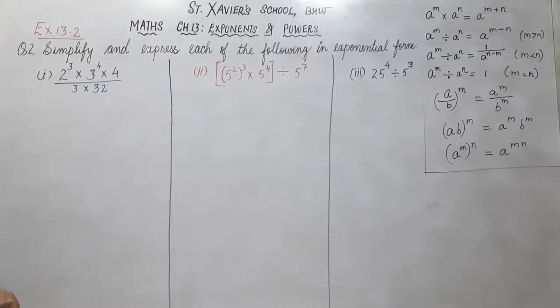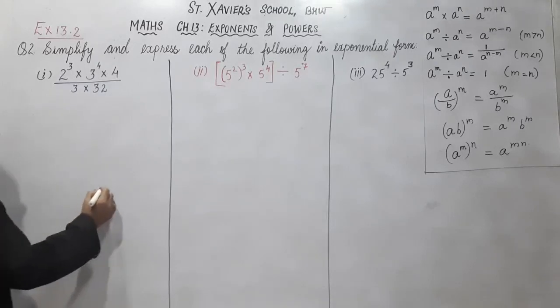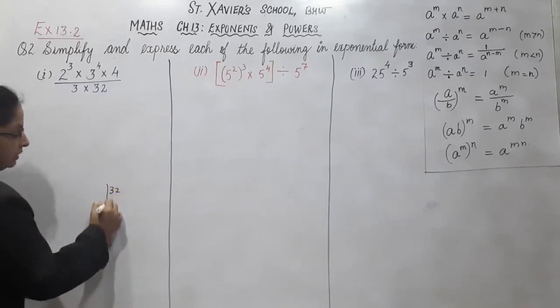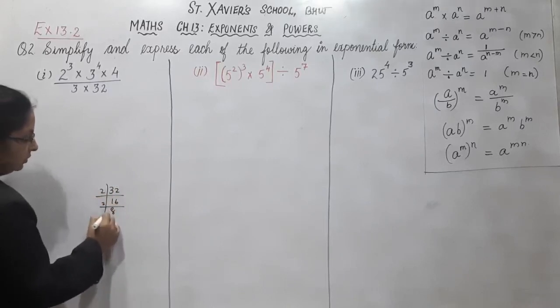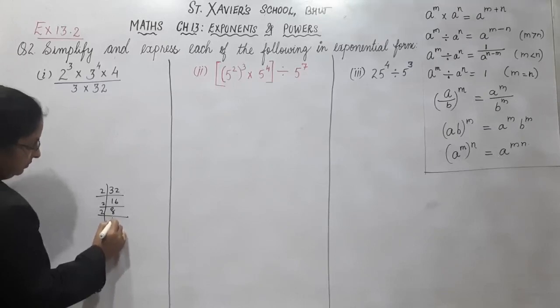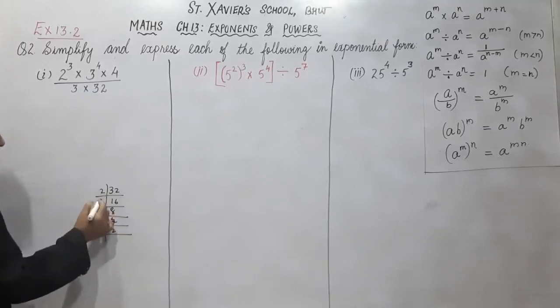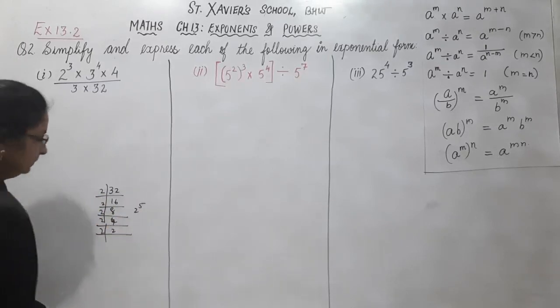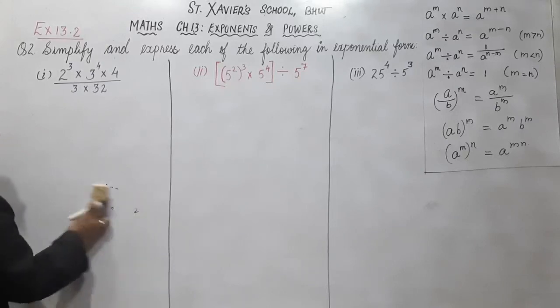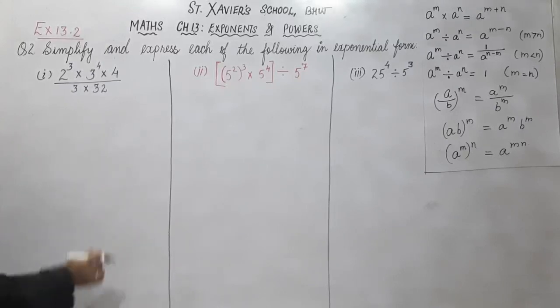You know 4 can be written as 2 square. And what about 32? When we factorize it, we get 2 into 2 into 2 into 2 into 2. That means 1, 2, 3, 4, 5, so 2 raised to 5 we get. Okay. This is how we simplify and write.